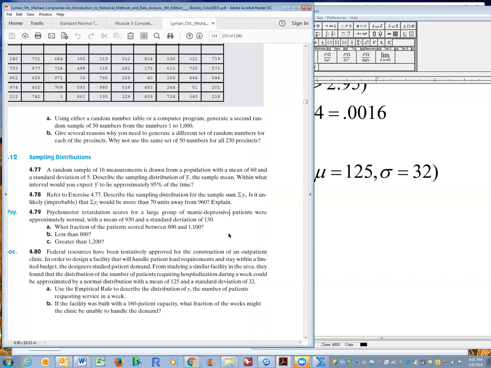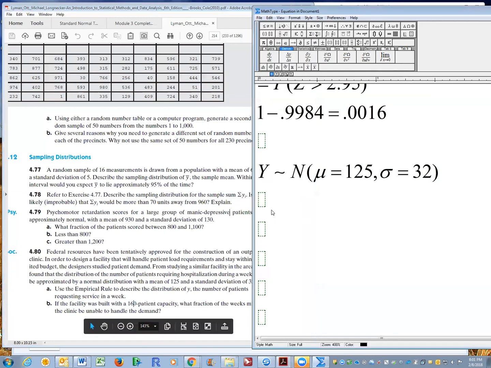So WebAssign is randomizing this number evidently. That's why it's red. So you would look at the probability that Y exceeds 185.